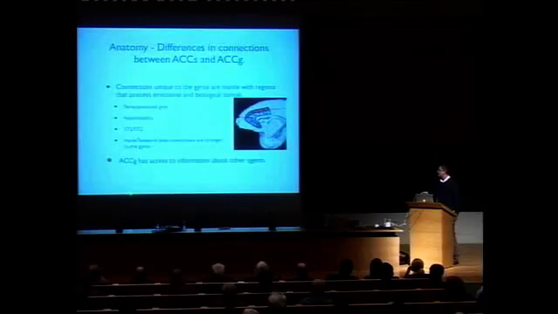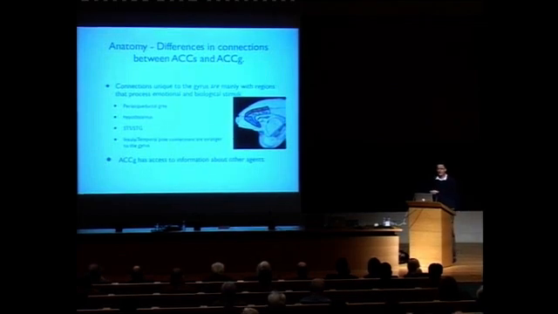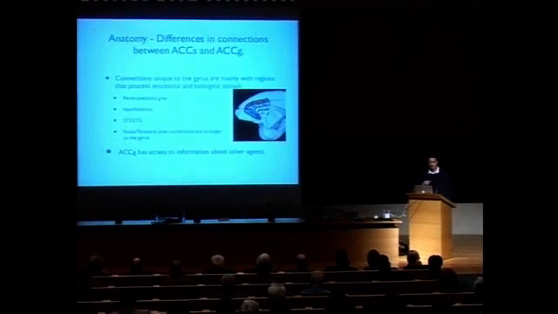So this region has access, that the sulcus does not have, to information about other agents, and that's part of the reason we hypothesized that this lesion would have an effect on the social evaluation task that I showed you, and it's nice that it's therefore understandable that it would have this effect.